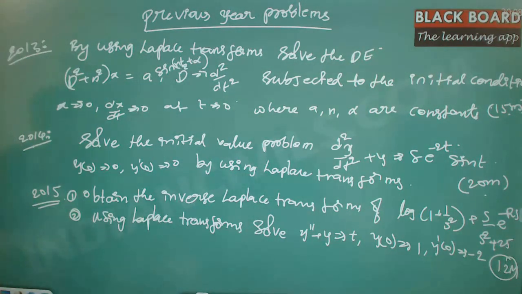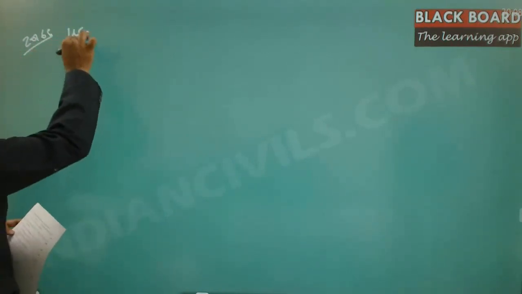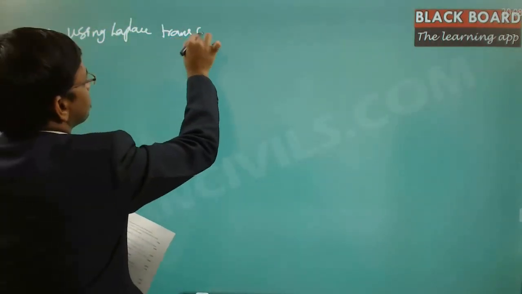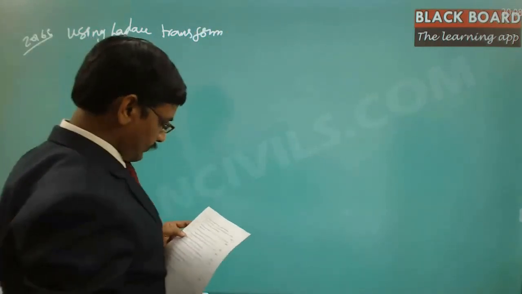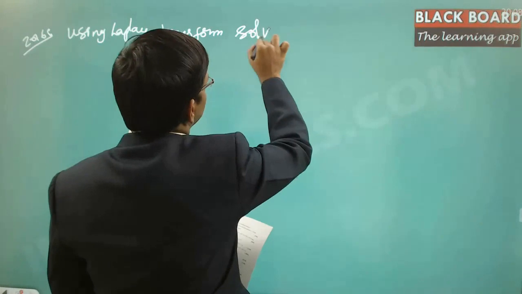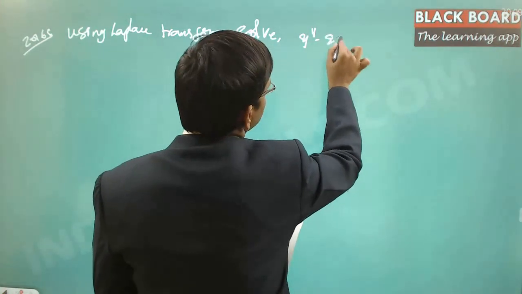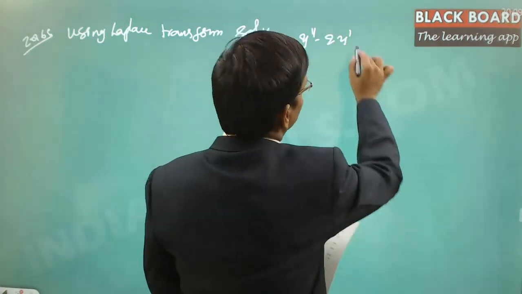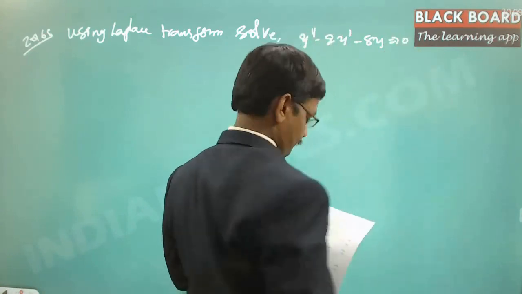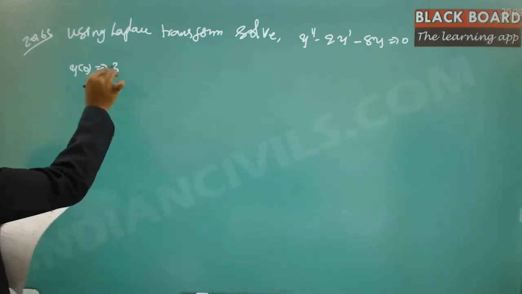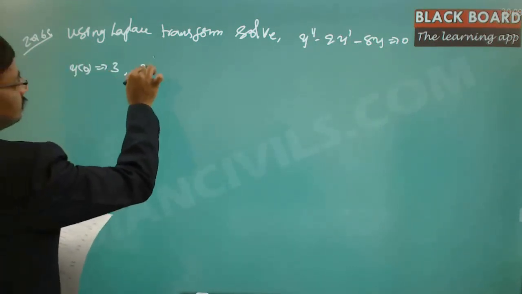And then in 2016, using Laplace transform, solve the following: y double dash minus 2y dash minus 8y equal to 0, and y of 0 is equal to 3, y dash of 0 is equal to 6.